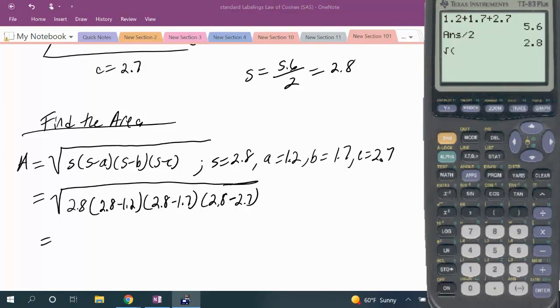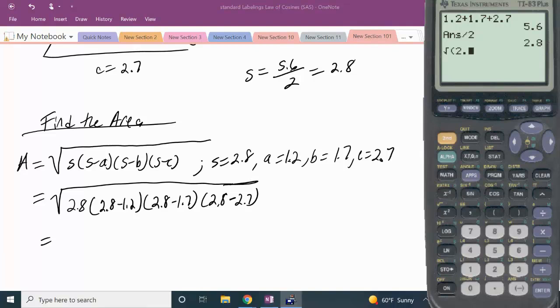And I'm going to put this in the calculator. So I have to be careful on putting this in the calculator. Right. I want to put in my square root, and I want to put in another begin set of parentheses. All right, you must always have an even set of parentheses.